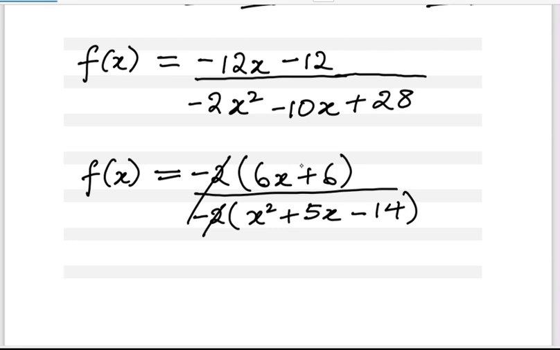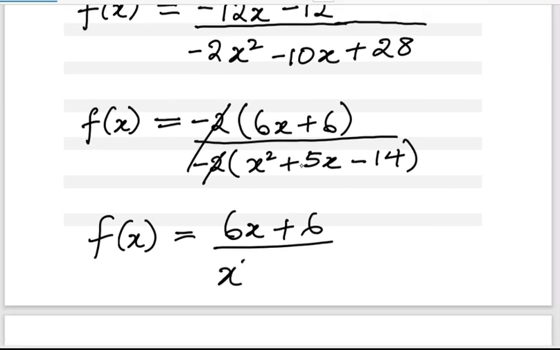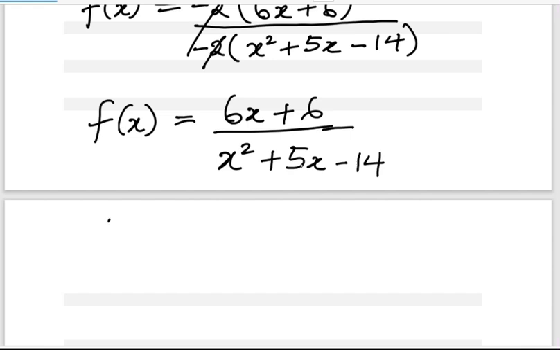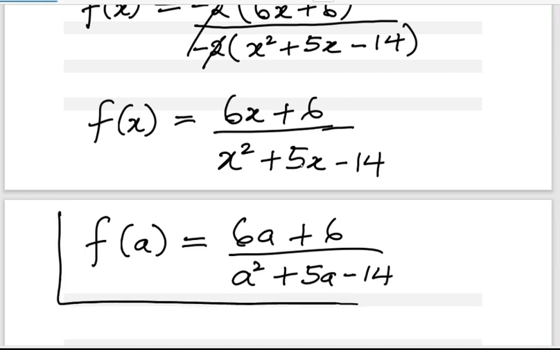Our f of x is simply 6x plus 6 all over x squared plus 5x minus 14. Because x is just an arbitrary term, we can replace x by a, and we'll have that our f of a is 6a plus 6 over a squared plus 5a minus 14. And this solves our problem.